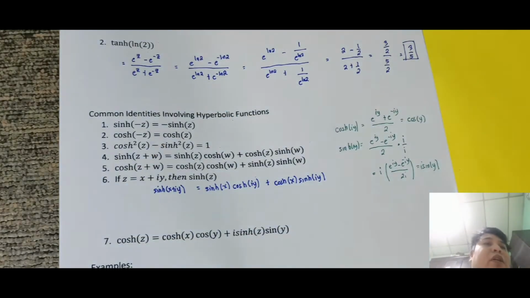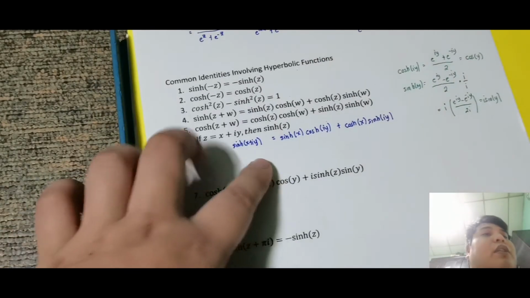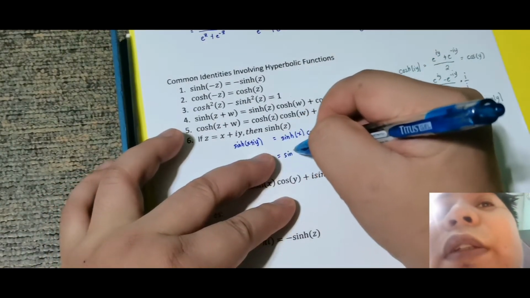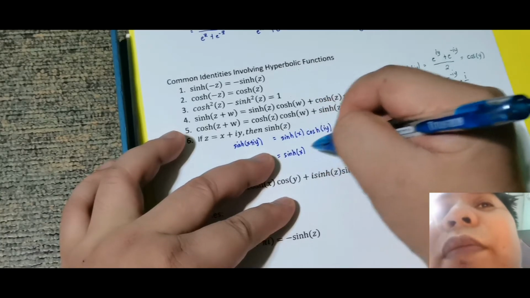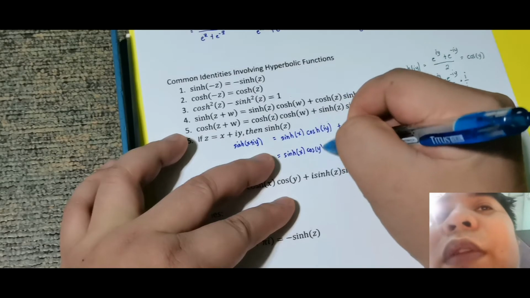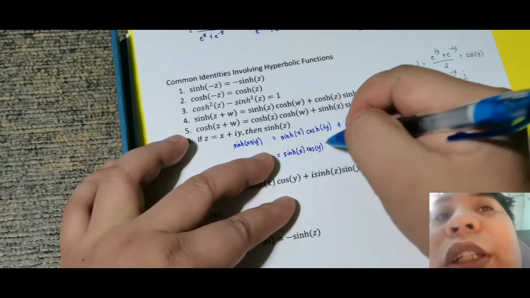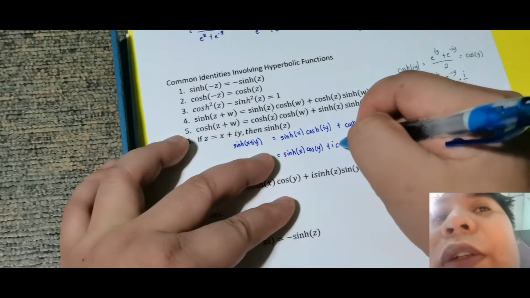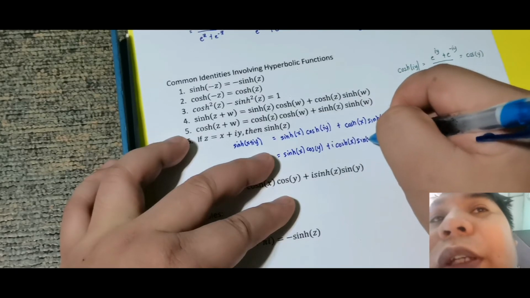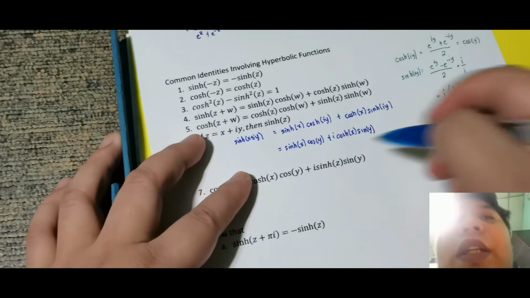Okay, nakuha ko. So, therefore, this can be reduced into sin of x cosine y, plus i cos of x sine of y. Okay, yan yung kanyang equivalent.